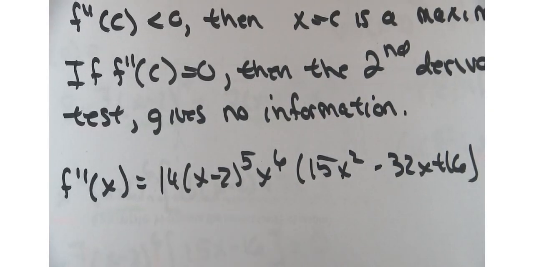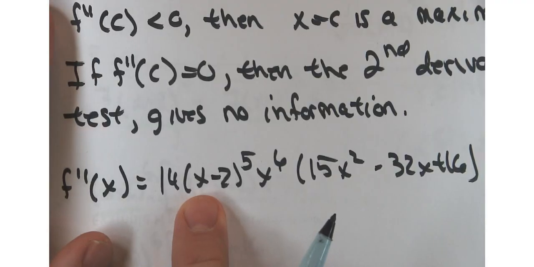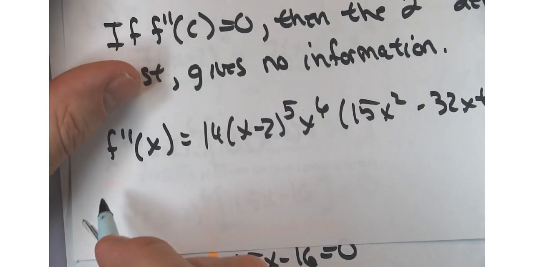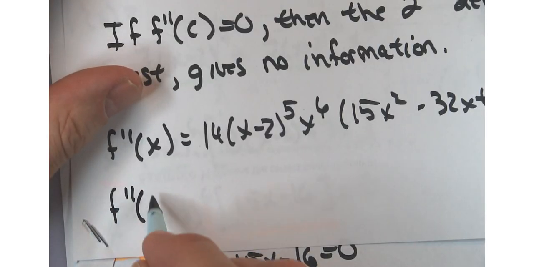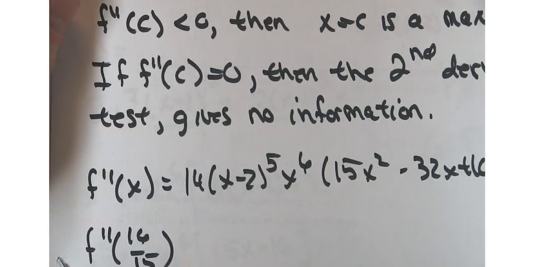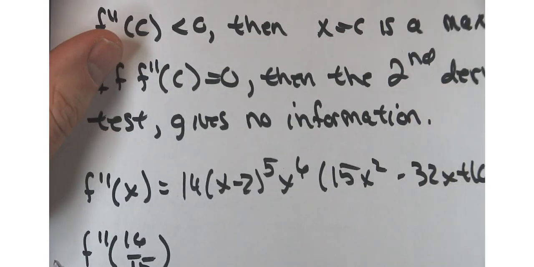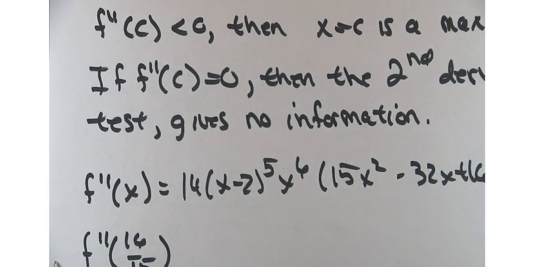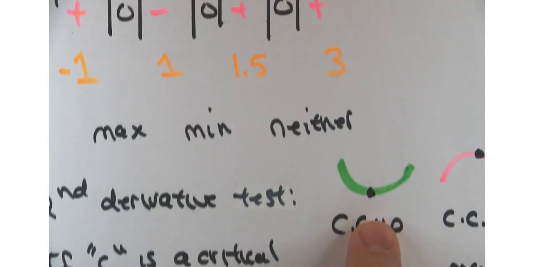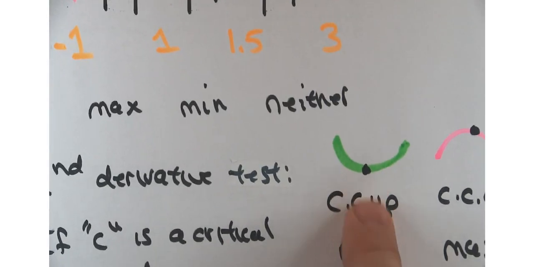Is it worth it to you to take the time to evaluate the function at 16 over 15? What should happen at 16 over 15? Should I get something less than 0 or greater than 0? So this is a minimum point, and if that's the case, then the second derivative should be of what sign?